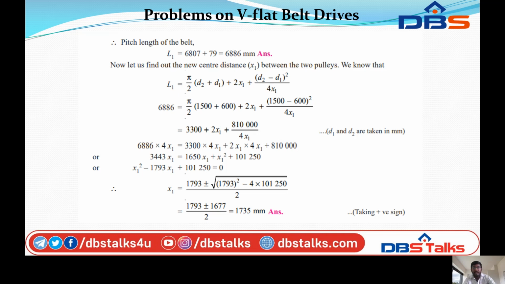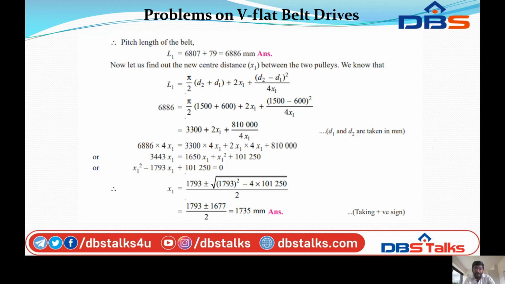Now let's find the new center distance x1 between the two pulleys. We know that L1 is equal to pi by 2 into d2 plus d1, plus 2x1, plus d2 minus d1 whole square by 4x1. So 6886 is equal to pi by 2 into 1500 plus 600, plus 2x1, plus 1500 minus 600 whole square by 4x1.